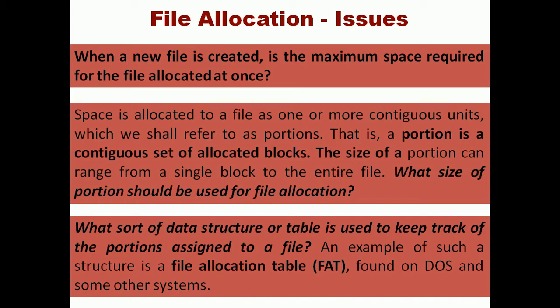The second issue is that the space is allocated to a file as one or more contiguous units, called a portion. The major question with respect to the portion is what size of portion should be used for the file allocation, and after that, what data structure I am going to use to keep track of all the allocated blocks. These are the three major issues focusing on secondary storage devices.